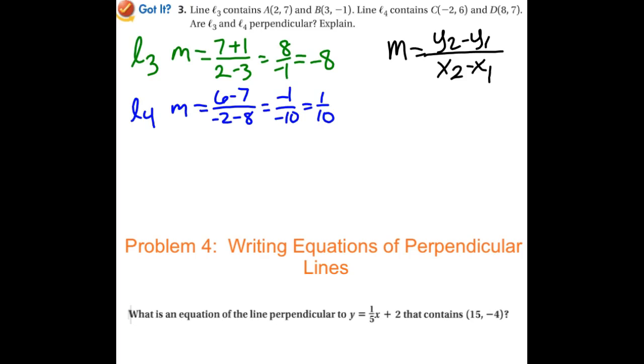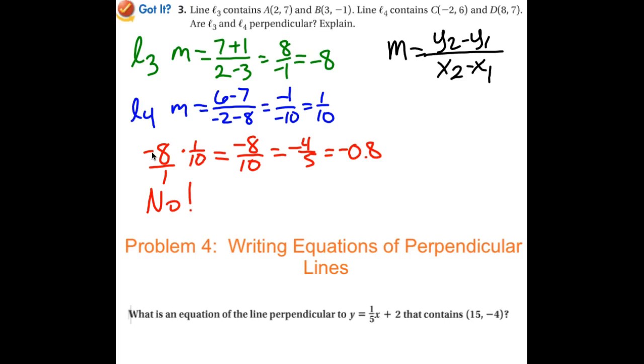Here you can see my work to get those slopes. I got -8 and 1/10. I just finished by deciding if they're perpendicular or not, so I take -8 times 1/10. Technically it's -8 over 1. That makes your multiplication a little bit easier. I multiply the tops, multiply the bottoms, and I get -4/5, which is the same as -0.8, which last time I checked is not -1, so I would say no. You can write out an explanation or you can look it up above.